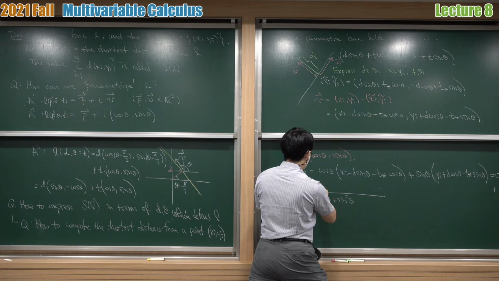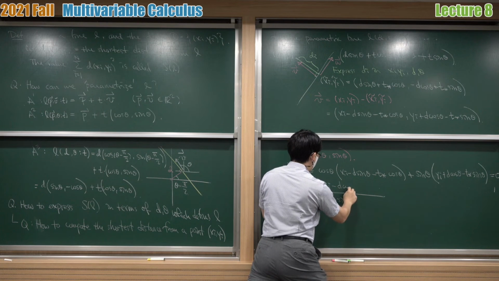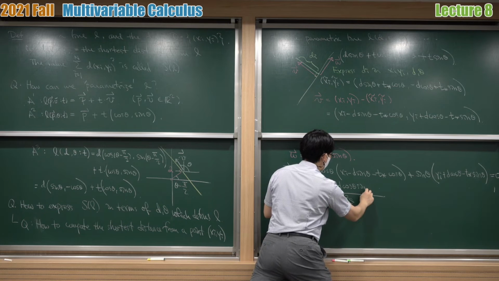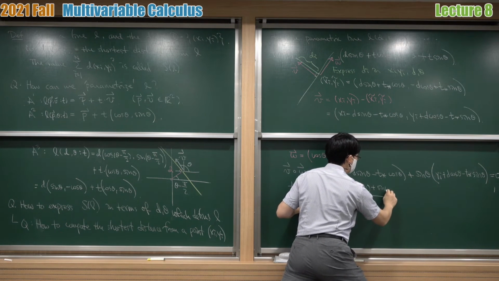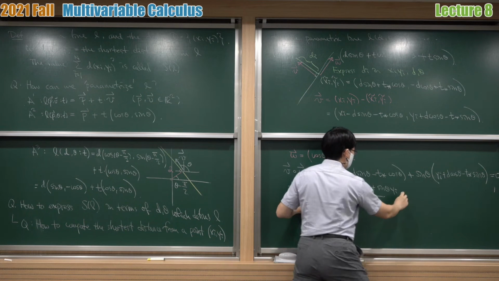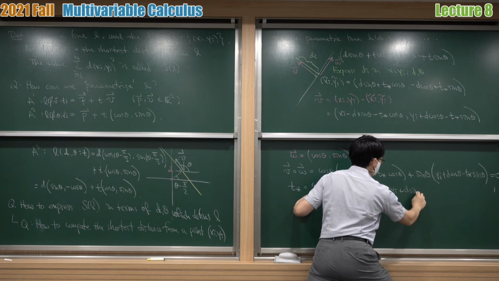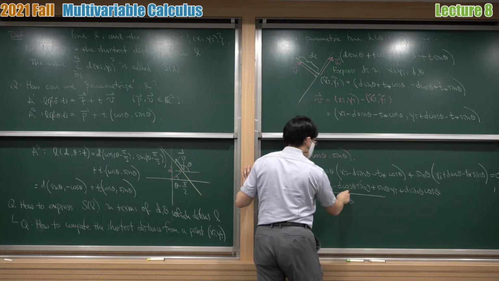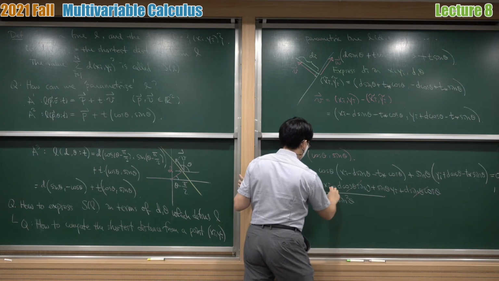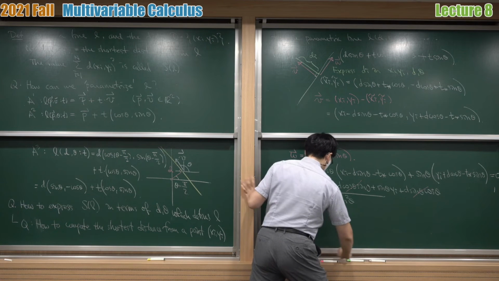So we have cosine theta xi minus d cosine theta sine theta from here. And here we have sine theta yi plus d sine theta cosine theta. So these two cancel out. We only have these, and this one is 1.